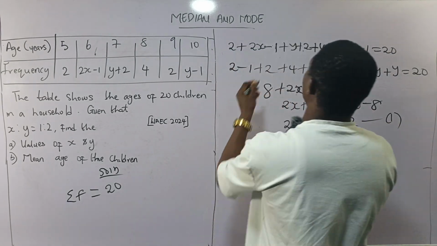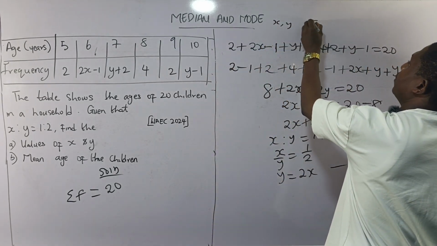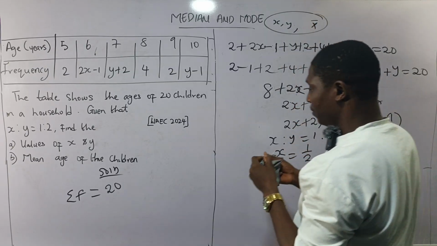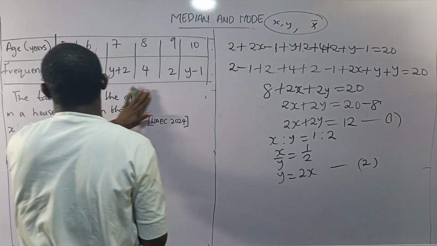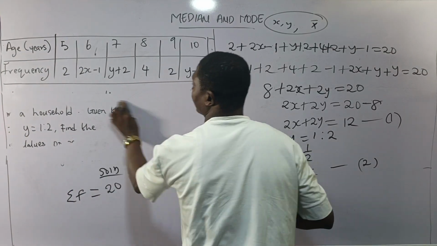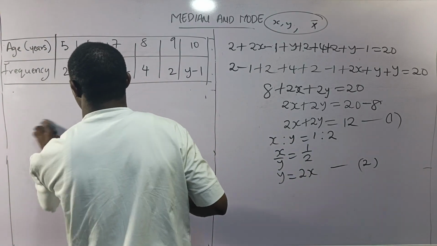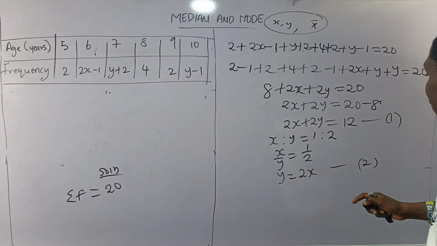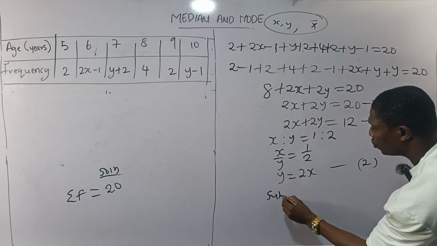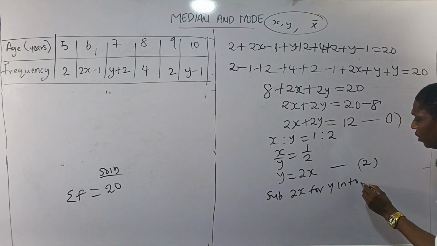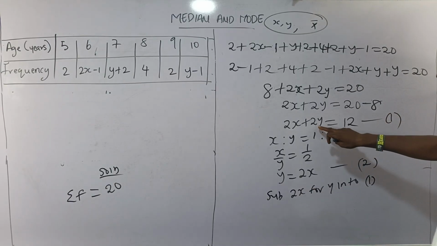So we are asked to look for x, y and the mean. This is our question. So I can clean here because I will likely need the table again. So we can simply substitute 2x for y into equation 1.